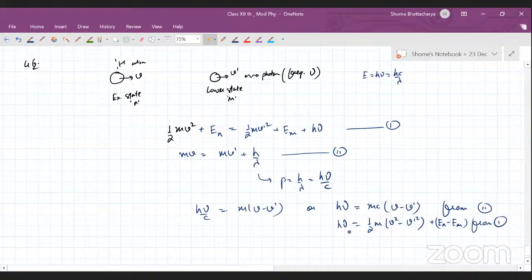Now we have to compare this mu with the mu we would have got in the normal situation if the atom were at rest. Okay. So if the atom were at rest and we took the normal situation, then this energy should have been h mu naught. So just replace this with h mu naught.